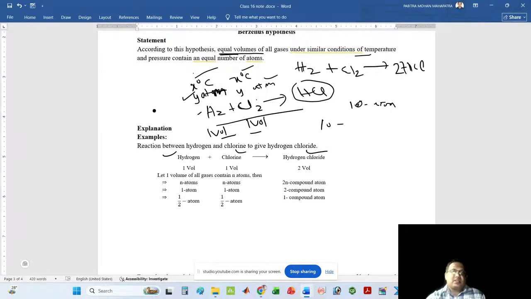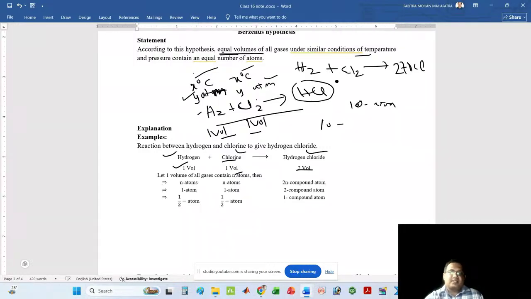As per the balanced chemical equation, I can write one volume of hydrogen, because one H2 is given. Similarly, I have taken one volume of chlorine. Similarly, here I have taken two volumes.